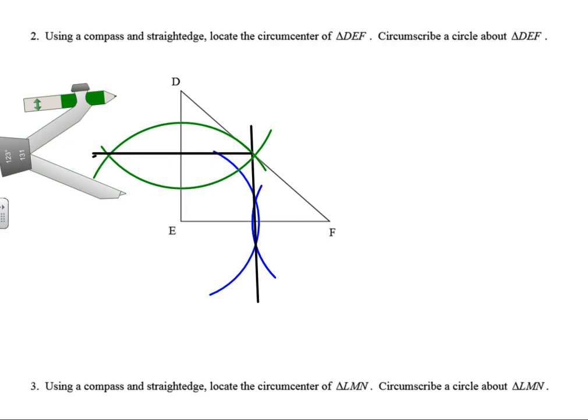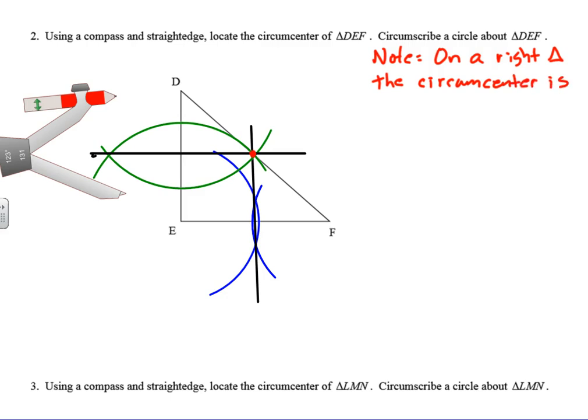Now, in this one, here's what you should notice. That point right there, here's a little note: on a right triangle, the circumcenter is on the triangle.